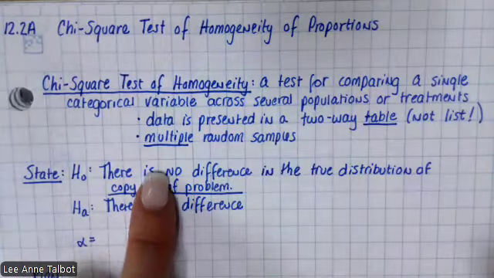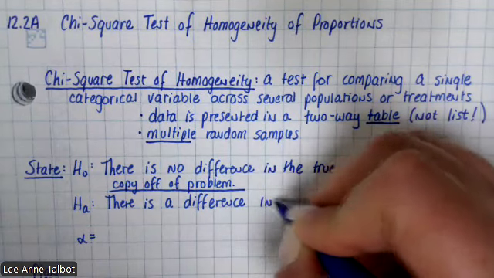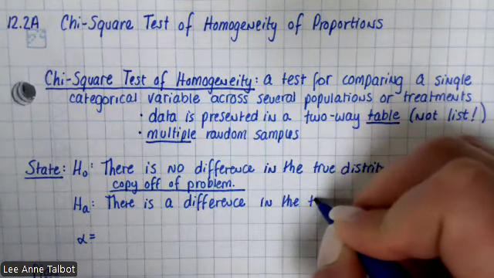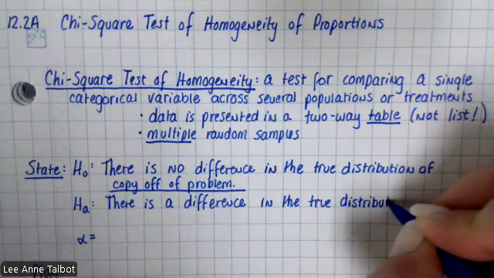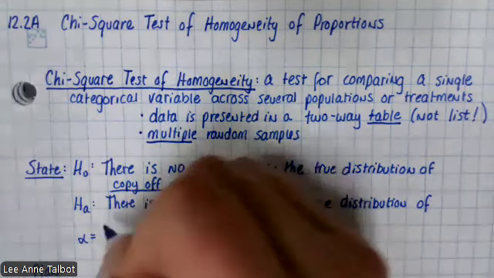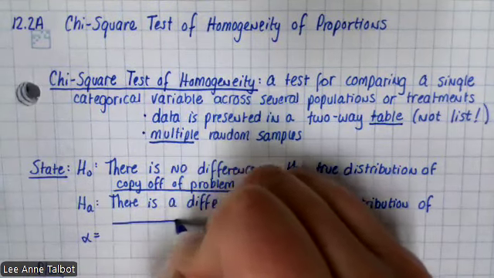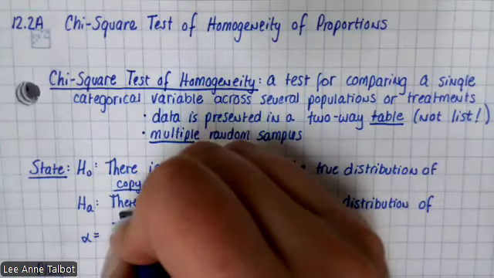But the most important thing is that the null hypothesis is no difference. Nothing interesting going on. Nothing weird here. No difference. And the only thing that changes instead of no difference is there is a difference.